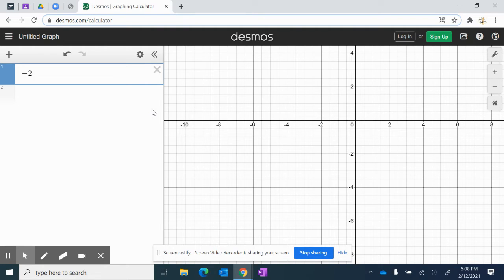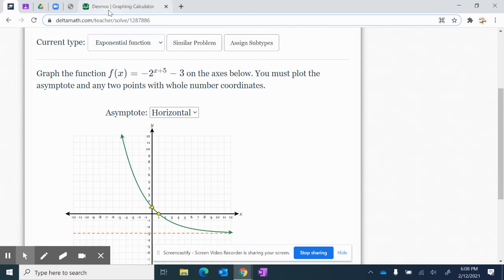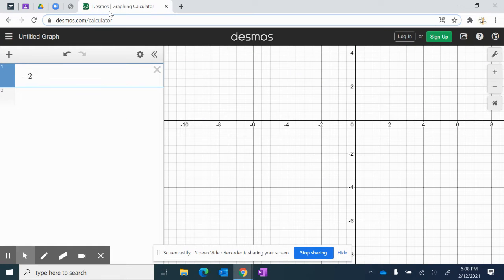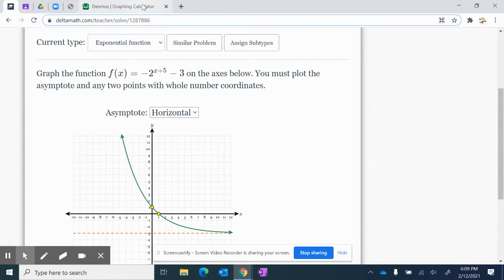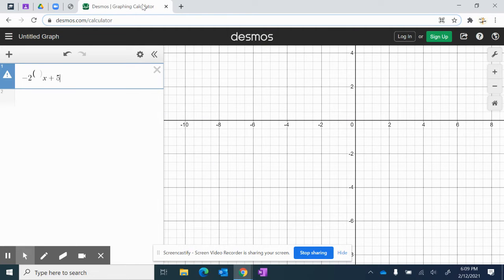So I think it was -2 to the power of, and now for your exponent, when it has x plus or minus something, you have to put the exponent in parentheses. So x plus 5, close parentheses, and then arrow over and put -3.